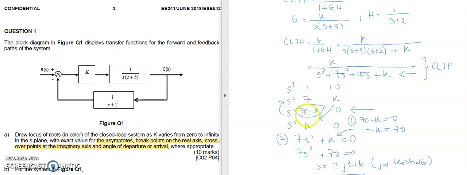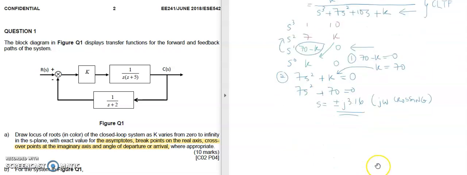Go to this row, k is equal to 70. Back to the previous row, write back your polynomial equation. Since this is the even polynomial row, you will have the even polynomial equation 7s squared plus k. Plug in the value of k equal to 70 and determine the roots. The roots are the imaginary axis crossing for your root locus.